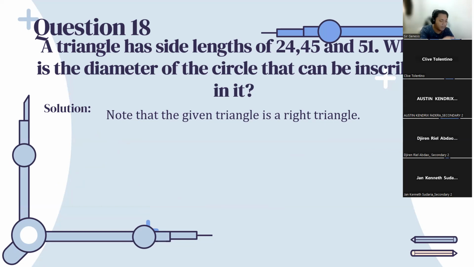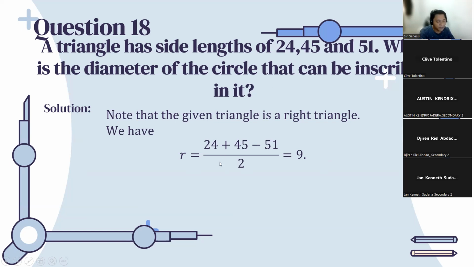And if it is a Pythagorean triple, then if you were to use it as sides of a triangle, that triangle will automatically be a right triangle. Okay. So 24, 45, and 51 is a Pythagorean triple, which means that it is a right triangle. So you can just use this one.